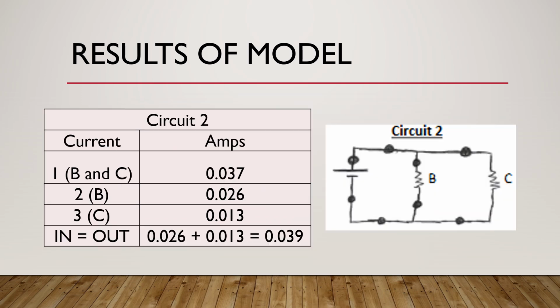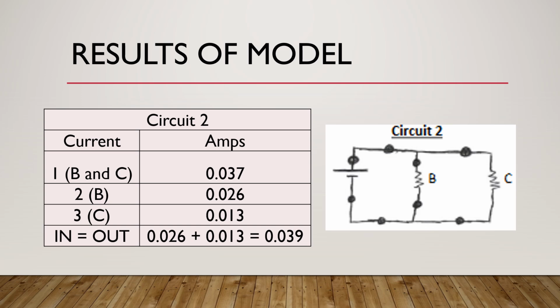Here we use the junction rule on circuit 2, where we found the amps going through resistors B and C. Then you have the amps just going through B and the amps just going through C. Using the junction rule, the in equals the out, where the in would be the amps for C and B, and the out would be the amps for B and C combined.